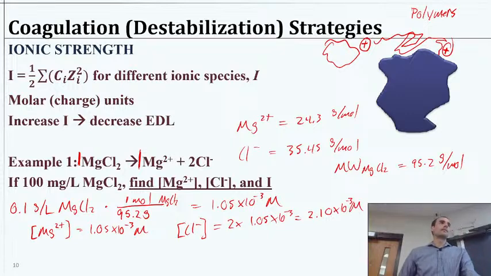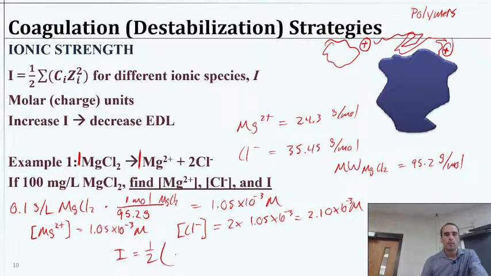Okay, does that make sense? If that's confusing, just double check that you're tracking what's happening with the chemistry conversions here. That hopefully is straightforward. So then we'll take the ionic strength to be 1/2 times the, I'm going to write it up here to give myself a little more space.